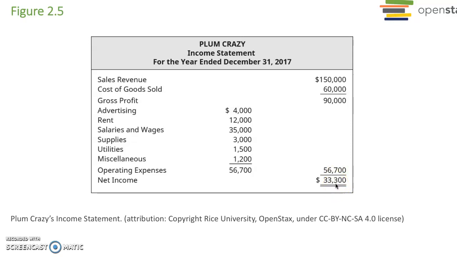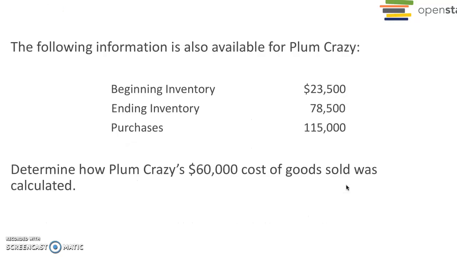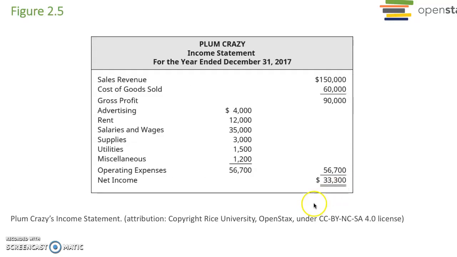Now, if the company doesn't have any non-operating activities such as interest income or interest expense that are not related to daily operation, then operating income and net income would be the same.